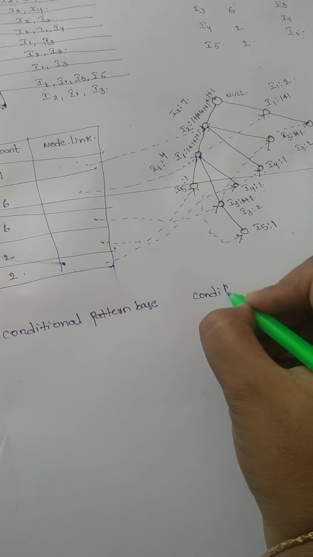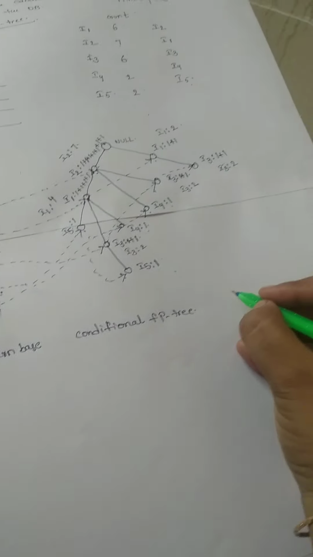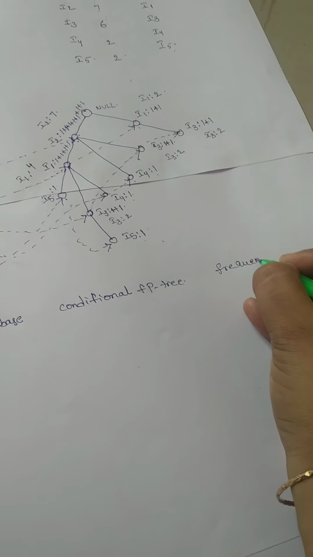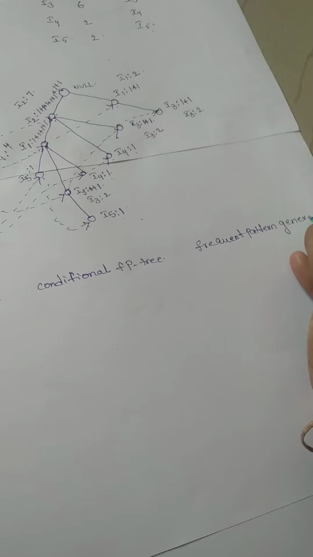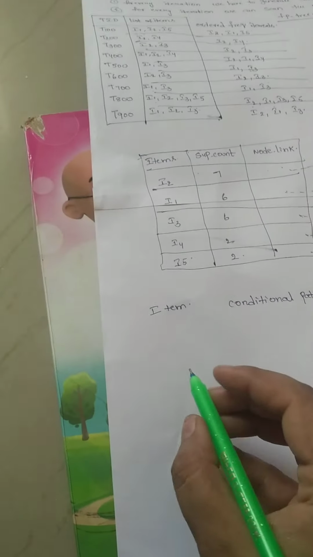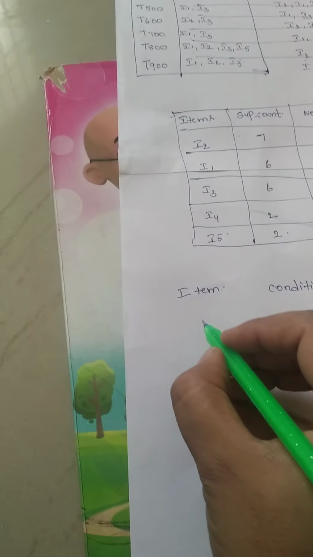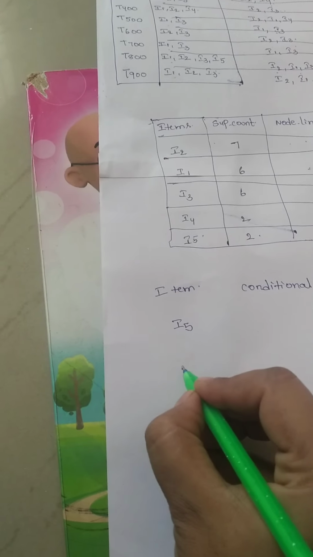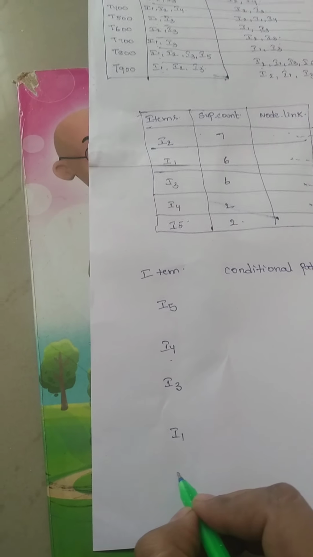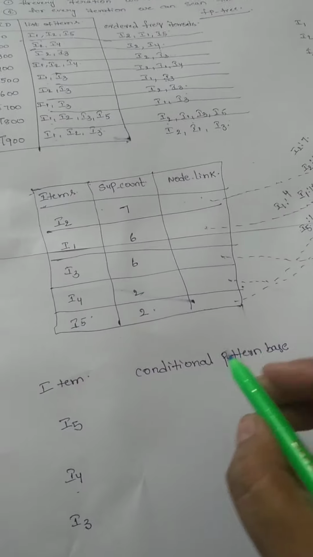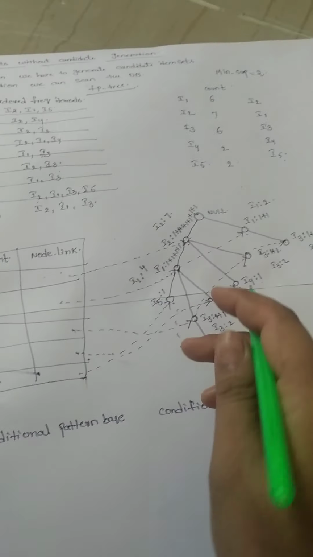Next, frequent patterns are generated. Here we can take the items from bottom level to top level. So that is I5, I4, I3, I1, I2. Conditional pattern base means here we have to take the suffix items.